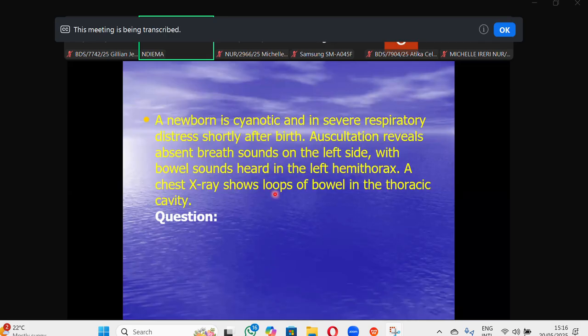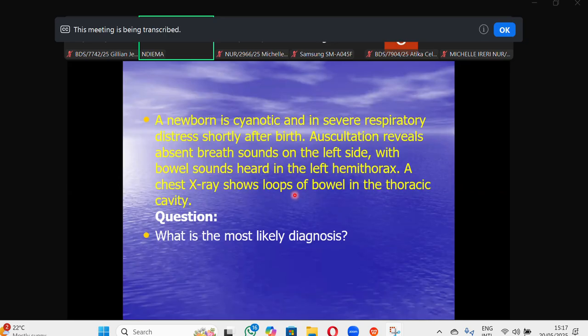Vowel sounds. That means there is some intestinal material, intestines that have moved to the thorax. So, what is the most common cause here? This is mainly because of congenital diaphragmatic hernia.